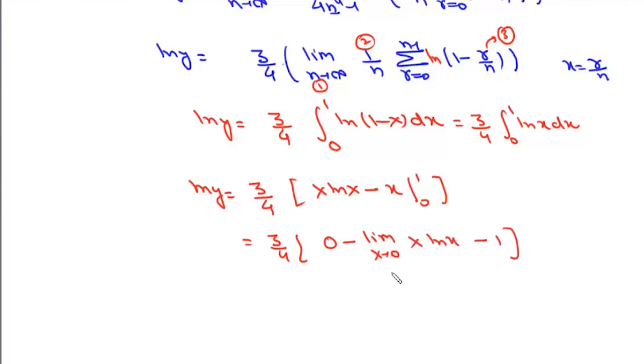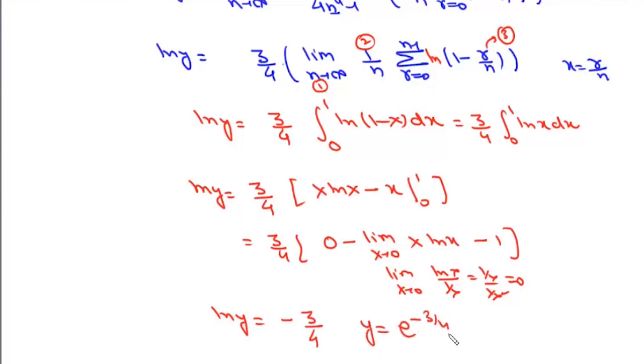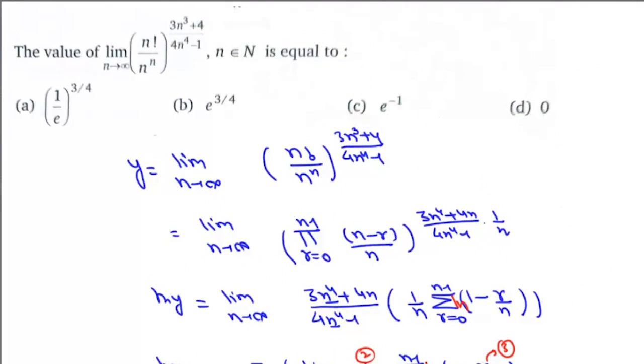Now this is 0 into infinity, so we can write it as the limit as x tends to 0 of log x upon 1 by x, which by L'Hopital is (1 by x) upon (1 by x squared). So this limit is 0. So from here log y equals minus 3 by 4, or the value of y is e to the power minus 3 by 4. So the value of this limit is e to the power minus 3 by 4, and that's your option A.